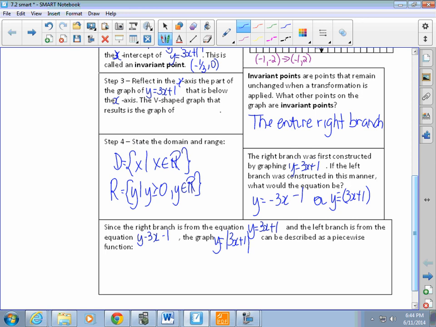We have y is equal to 3x plus 1 when our x value is greater than or equal to negative 1/3, and -3x minus 1 when x is less than negative 1/3.